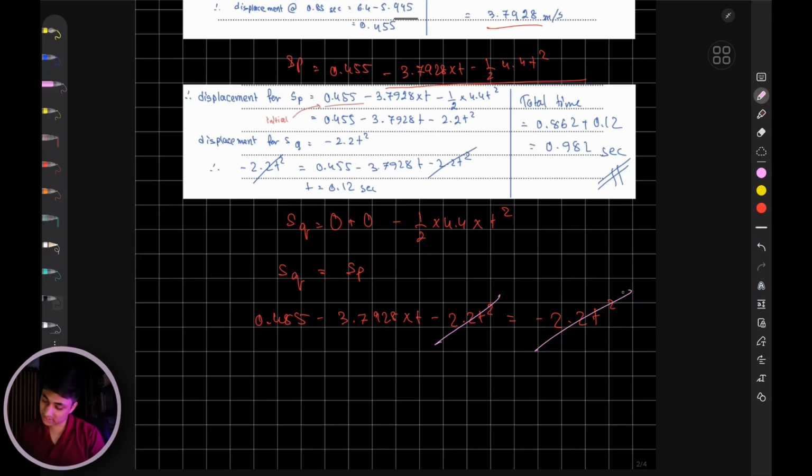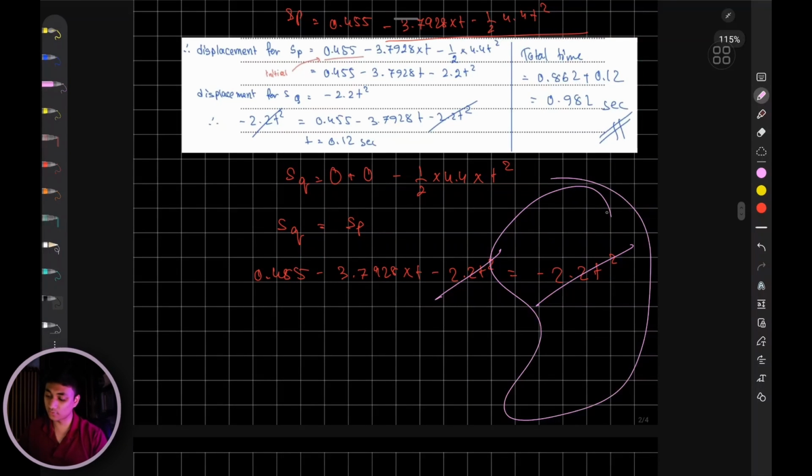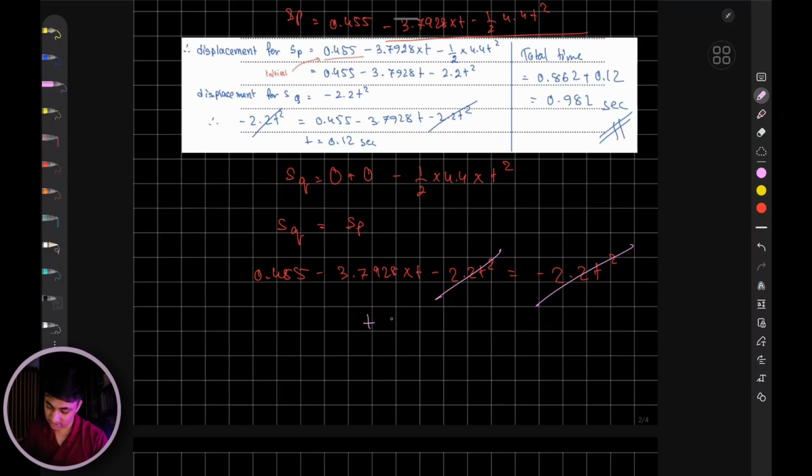This 2.2 t squared and this 2.2 t squared are going to cancel off. And now you're again left with the same equation that I had written initially over here. That is, minus 3.7928t is going to be minus 0.455. So your t is going to be given by 0.455 divided by 3.792.